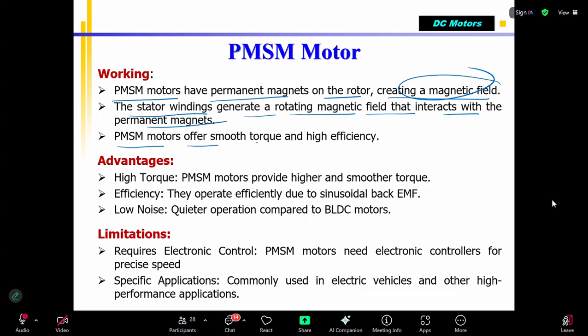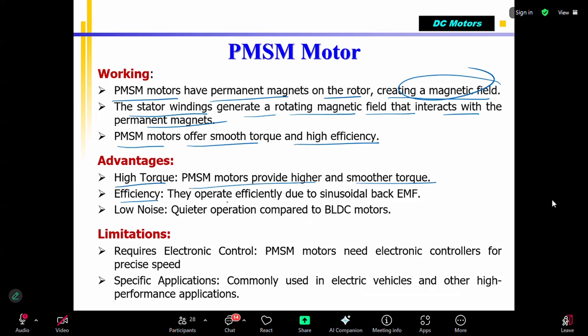PMSM offers smooth torque and higher efficiency compared to the other motors. What we saw? Induction motor, brushless DC motor, PMSM. PMSM has very smooth operation. Torque will be constant, smooth, and high efficiency, but it is a little complex. Advantage: it provides higher torque, smooth torque, flat torque compared to the other motors.